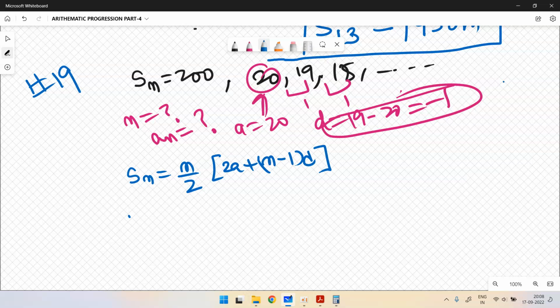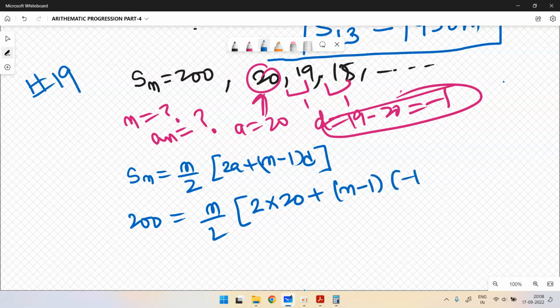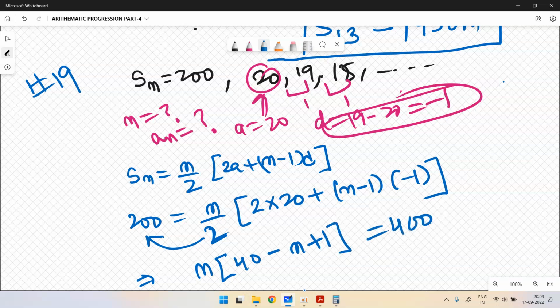Substituting all the values, 200 equals n by 2 into 2 into a, which is 20, plus n minus 1 into d, which is minus 1. Taking this to the other side, we get n into 40 minus n plus 1 equals 400.